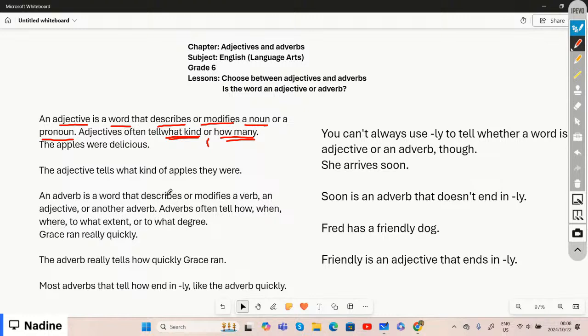And adjectives often tell us what kind, or they will tell us how many. And we're going to identify how we can identify an adjective that tells us what kind, or an adjective that tells us how many.